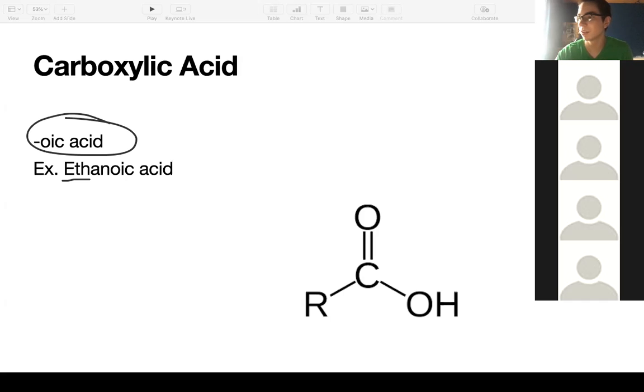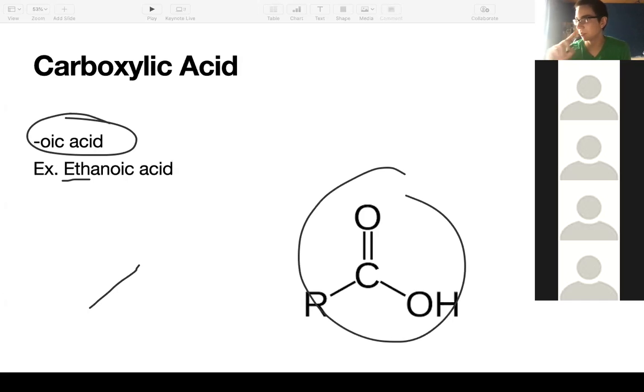So we got 2 carbons, and we know that there is a carboxylic acid functional group attached to these. So we follow this right here. R is just the rest of the carbon chain, but in this case, there's just 2. So we add this right here, and just like that, we have ethanoic acid.